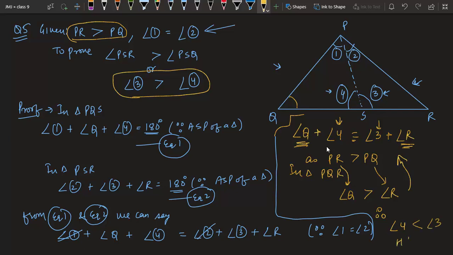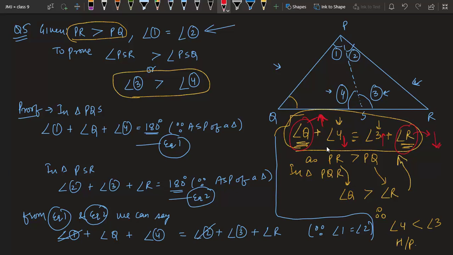Hence, proved. So, in this equation, as Q and R had a relation that Q is more than R, Q was higher and R was lower, so this 4 needs to be lower and this 3 needs to be higher.